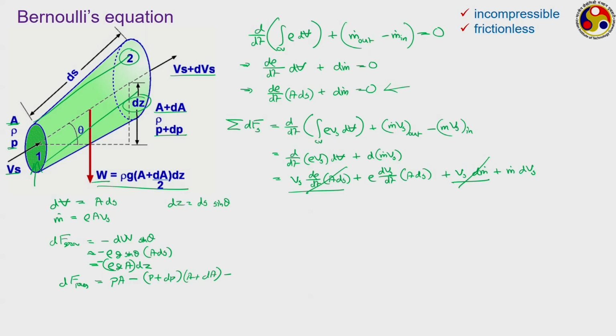So, the pressure acts on this extended area dA, minus delta W sin theta. Here this delta W refers to the additional mass that may have come in because of the extension of the cross section area. This can be neglected for practical purposes because it is quite small.